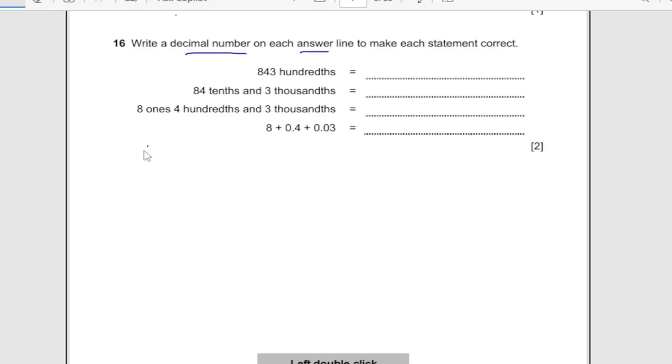So first we have 843 hundredths. Hundredths means over 100, right? So 2 decimal places, it will be 8.43. So 8.43 will go over here. Then the second one is 84 tenths.